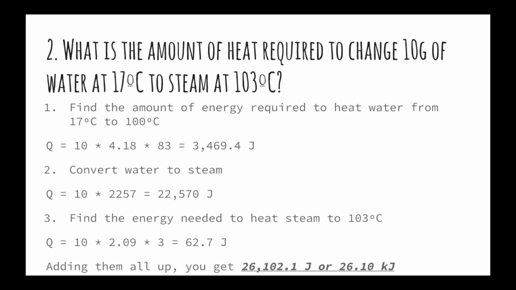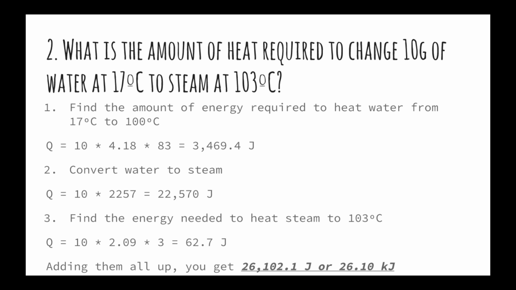Next, we convert water to steam. This is equal to 10 grams, the mass, times 2,257, or the heat of vaporization of water. This is equal to 22,570 joules. Next, step 3. Find the energy needed to heat steam to 103 degrees Celsius. Another Q is equal to mcΔT.